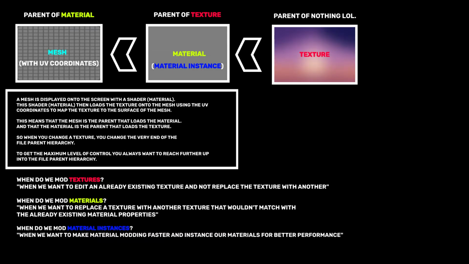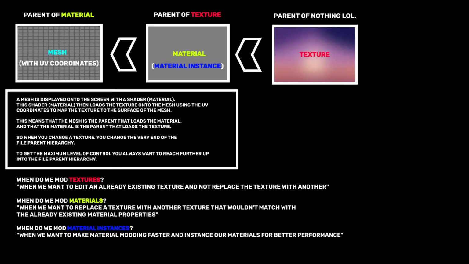So let me read on the screen here for you guys. A mesh is displayed onto the screen with a shader, a material. This shader material then loads the texture onto the mesh using the UV coordinates to map the texture to the surface of the mesh. This means that the mesh is the parent that loads the material, and that the material is the parent that loads the texture.